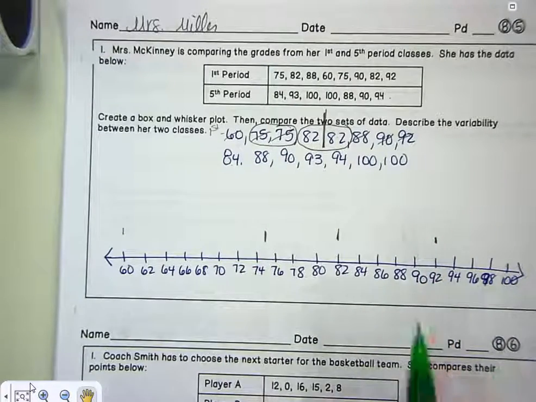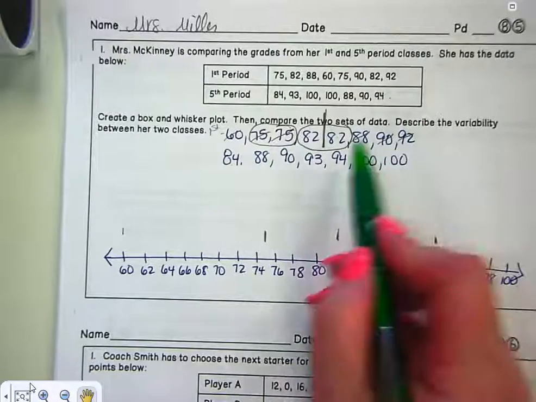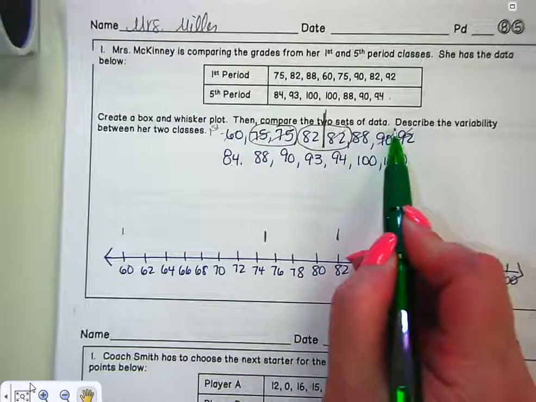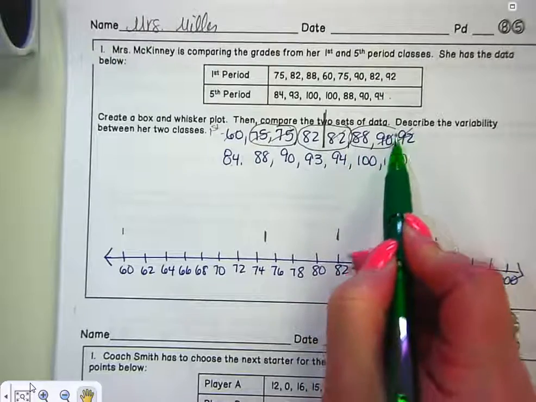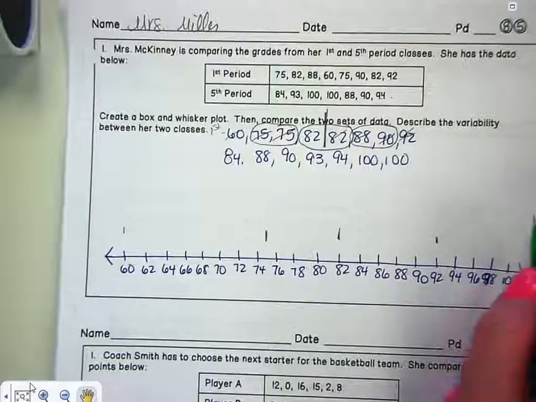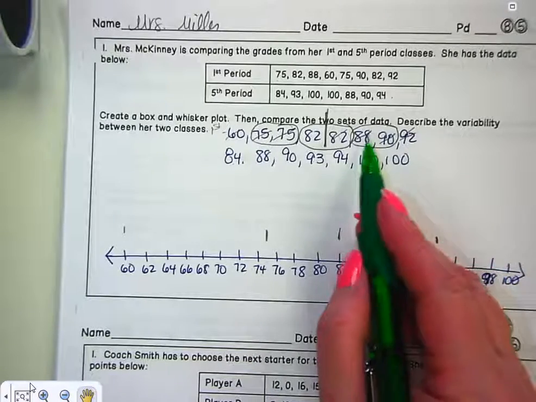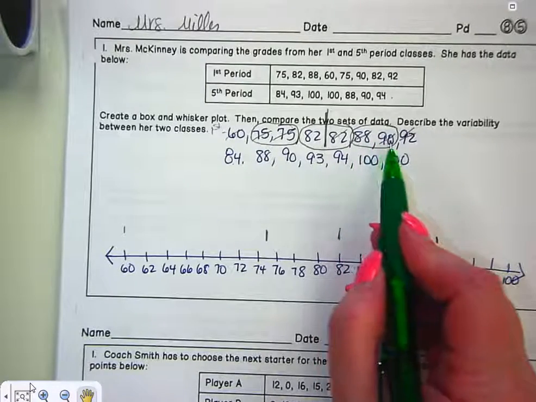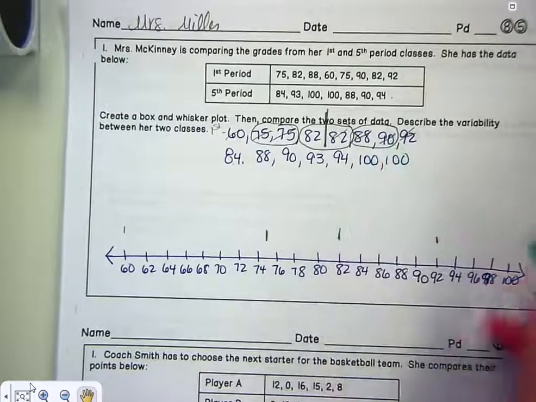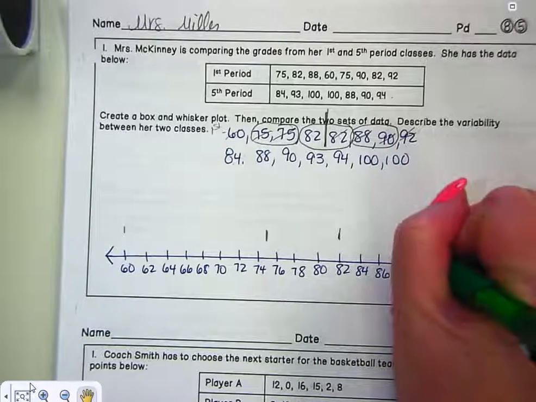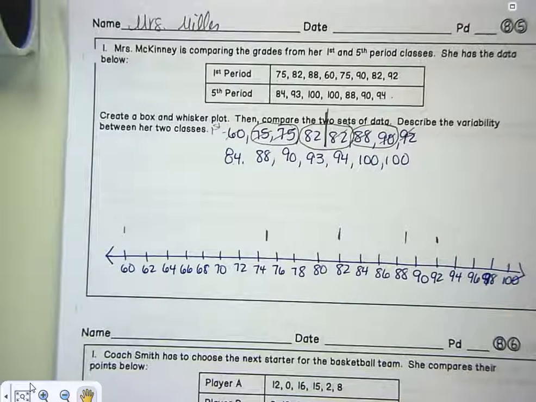And now I need to find the median of my upper half. Cross those off. 88 and 90. What's halfway between 88 and 90? 89. If I didn't know that, I would say 88 plus 90, and then divide that by 2, and I would get 89. So that's halfway between 88 and 90. And now what?